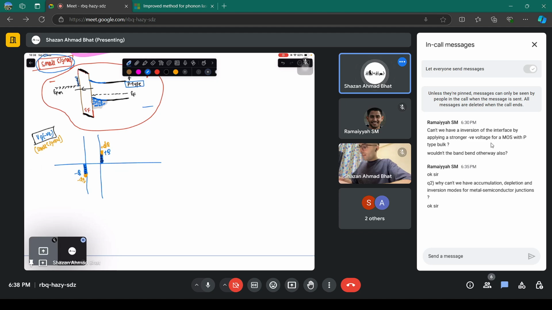Now, what happens when you invert it? Let's say VG is now positive. This was the accumulation region; now you have the depletion region.